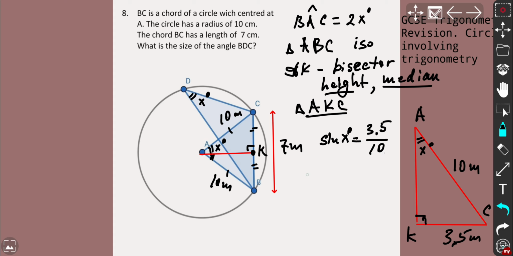That's the fraction, and it's less than 1, so the test has been completed. We can figure out angle x itself: it's sine inverse of the fraction 3.5 over 10. And we immediately get 20.48 degrees, to 2 decimal places.